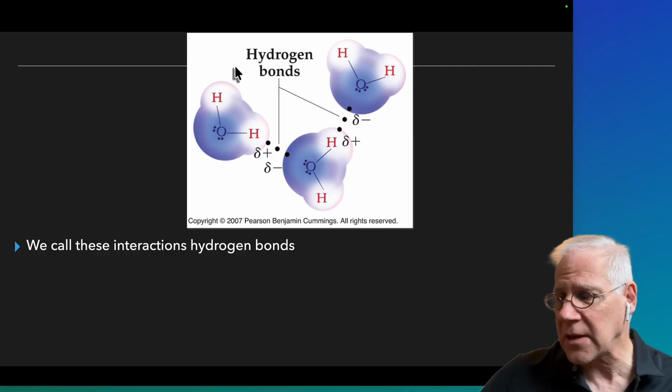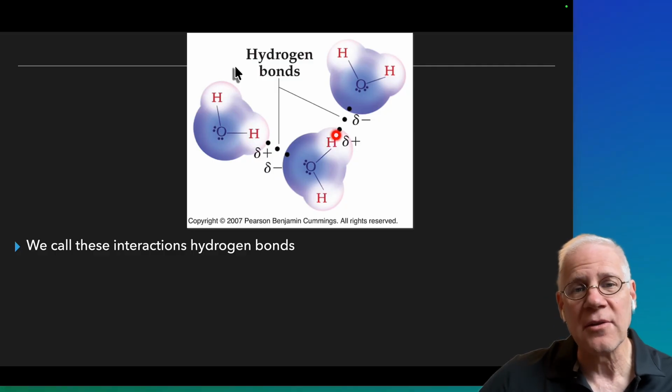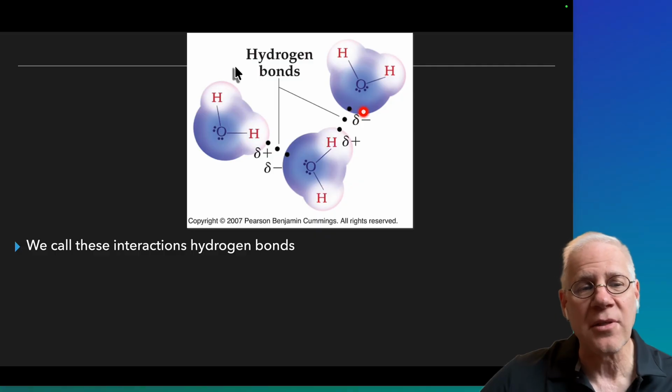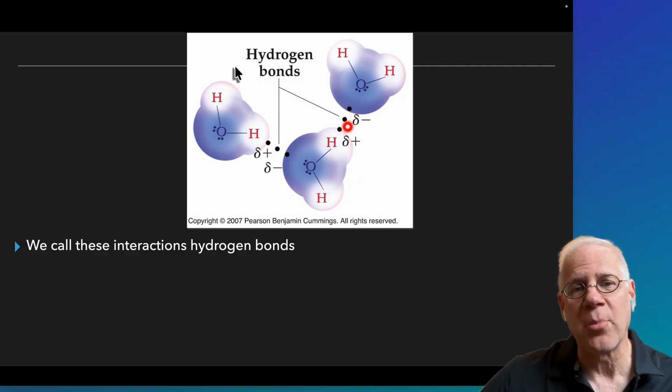And so what we end up getting here is this strong delta plus in coordination with the delta minus there, and this is called a hydrogen bond, where you have a hydrogen attached to a very strongly electronegative atom bonding with the strongly electronegative atom of another molecule.